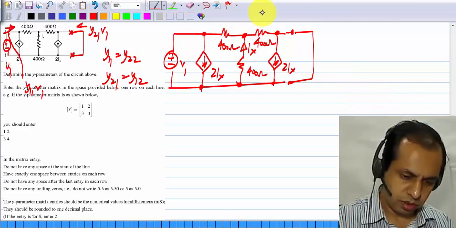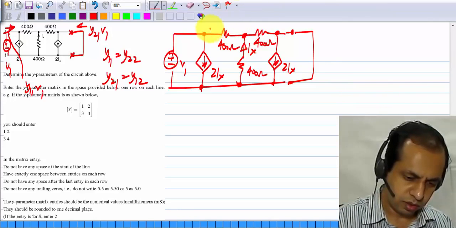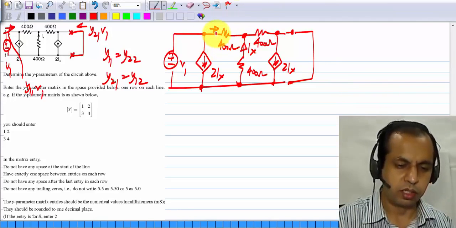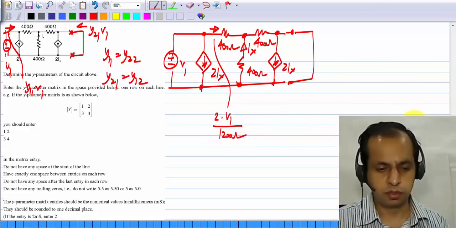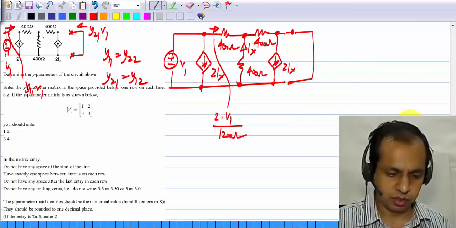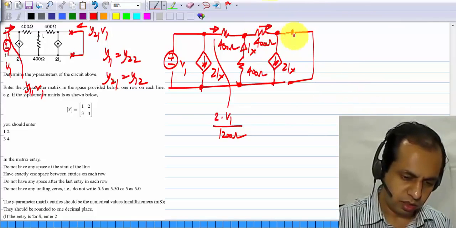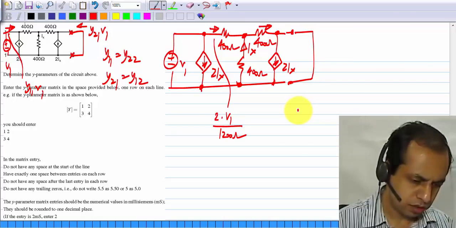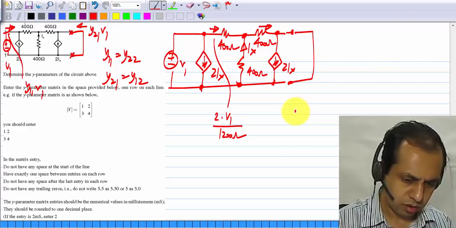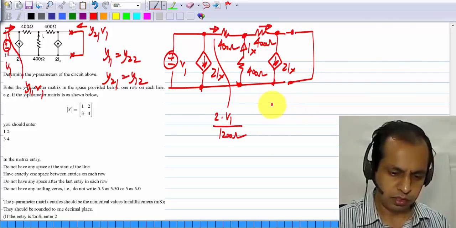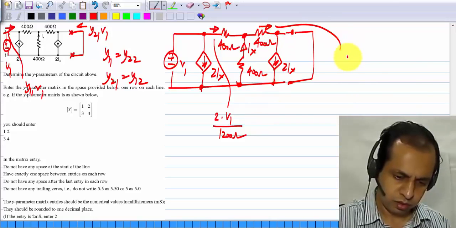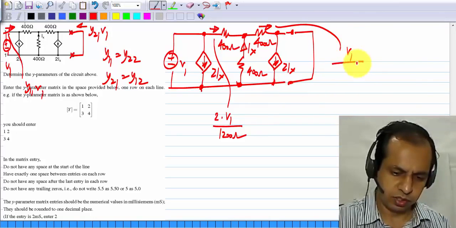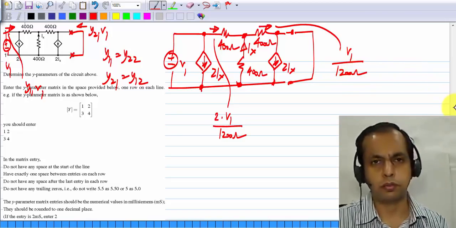It turns out that the current that flows that way in the resistor will be 2 times V1 divided by 1200 ohms. That's what the current is going to be, and the current here is half of that, which is V1 divided by 1200 ohms.